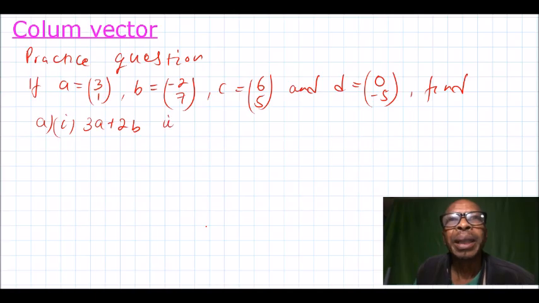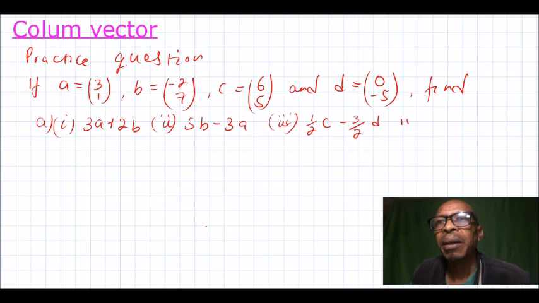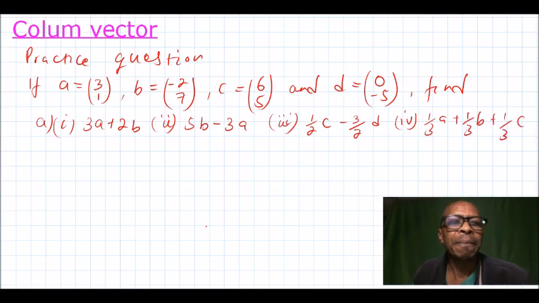Roman number 2, you'll be able to find 5B minus 3A. Then we have Roman number 3, you get a half C minus 3 over 2 D. And we have Roman number 4, you get a third A plus a third B plus a third C. Then we have part B of the question.